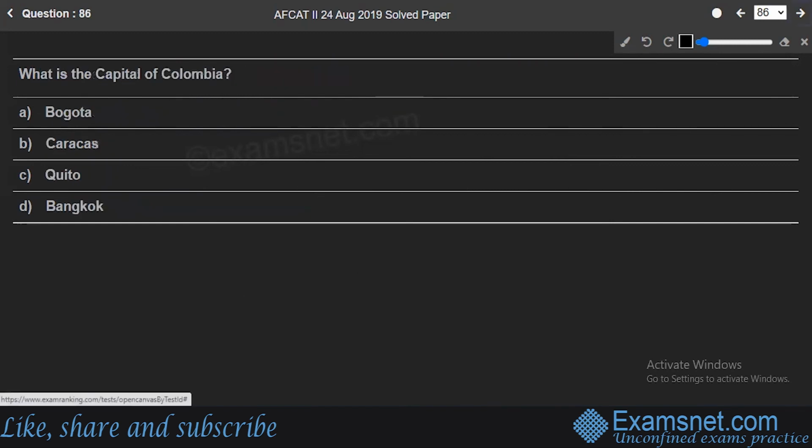Let's move to the next question, question number 86. What is the capital of Colombia? Is it Bogota, Caracas, Quito, or Bangkok? Let's see them one by one. I'll start with Caracas.